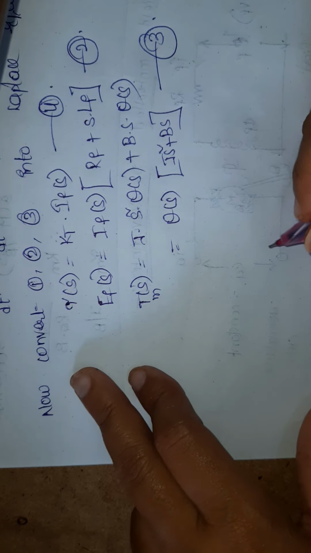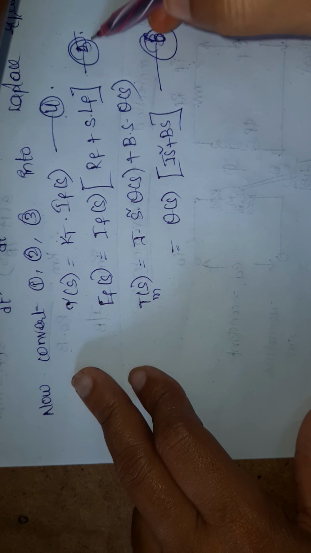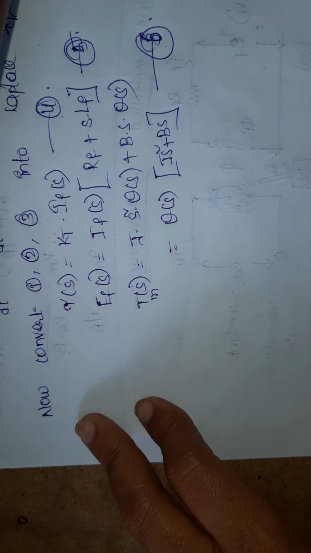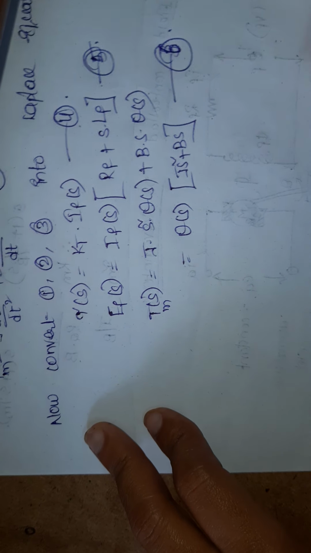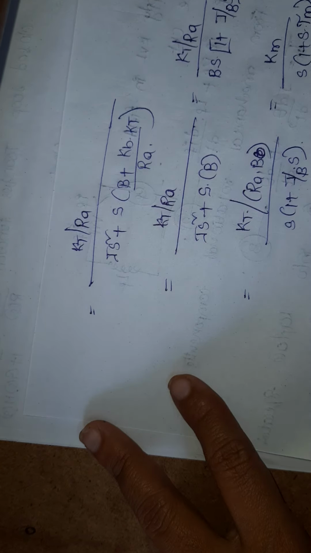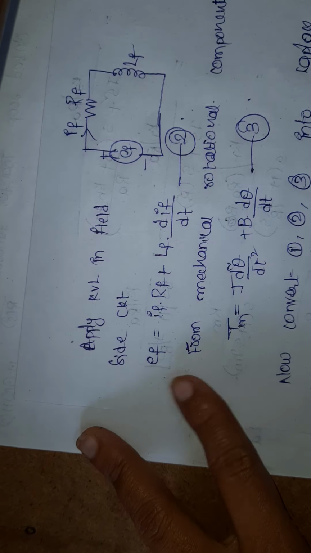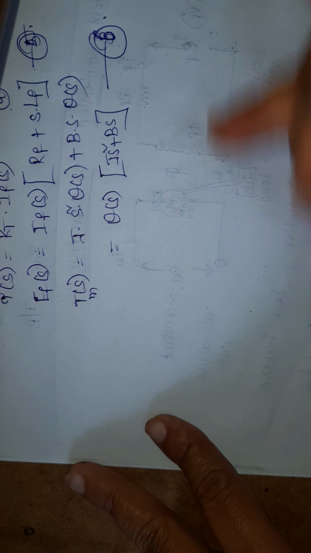Now from these equations 4, 5, 6 we have to draw the block diagram. First, EF of s is the input signal, because in the diagram we are giving the input EF of s. A block diagram always has the input on the left side and the output on the right side.